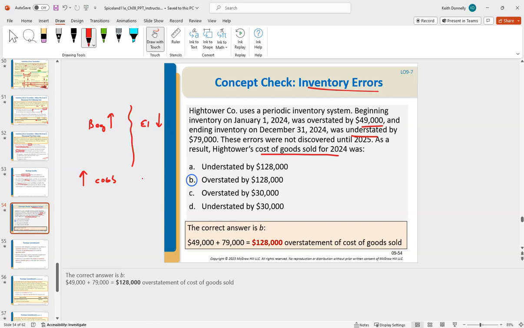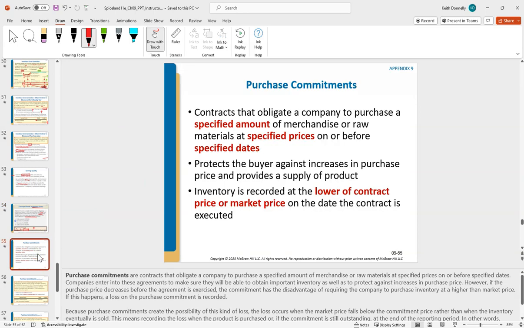If you have too small of ending inventory, that's going to make your cost of goods sold too big if you were to ripple through and run the numbers. Accordingly, here the 49,000 plus the 79,128, that's going to be the overstatement of the cost of goods sold, how much it's overstated if you were to take these two things.